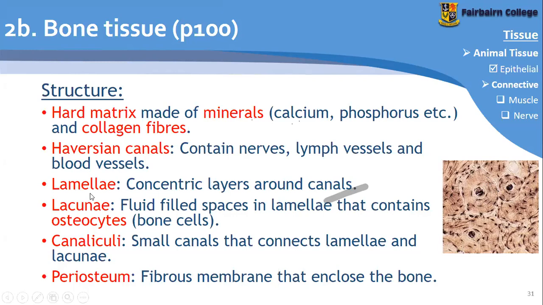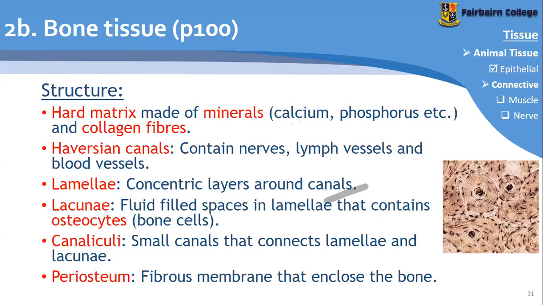Then in these circles you will find lacunae. Lacunae are basically tiny little holes, tiny divots in the bone where we find bone cells. These bone cells are called osteocytes. So these osteocytes, the bone cells, are found in the lacunae, which are located in the lamellae.